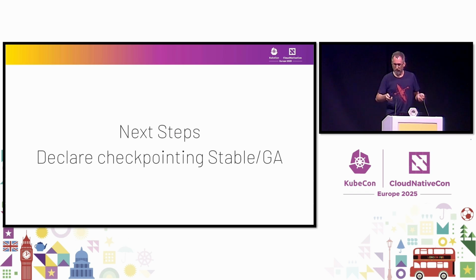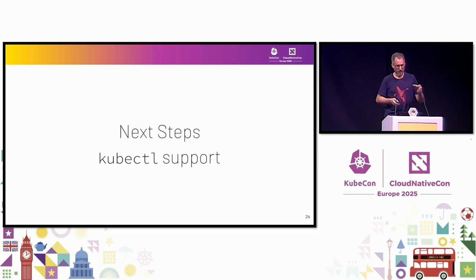And if this at some point happens, maybe we can also think about integrating it in kubectl. We opened a first Kubernetes enhancement proposal to extend the kubelet API endpoint for checkpointing to the API server. And once it's in the API server, we can also think about integrating it in kubectl.